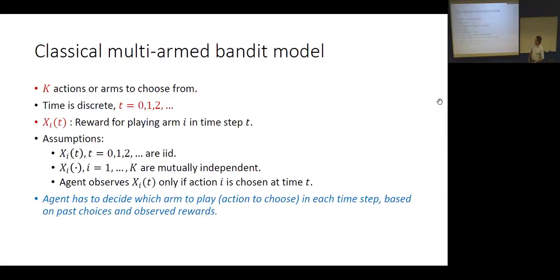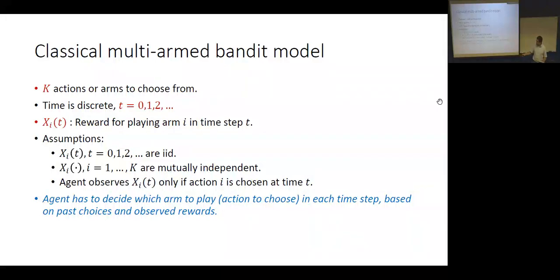Okay, so now let me start by introducing the classical multi-arm bandit problem. You have a collection of actions or arms to choose from. In terms of our motivating example, these are the different restaurants. Time is discrete, and at each time step t, you choose one of these options and try it out, and you get a random reward X_{i,t}.